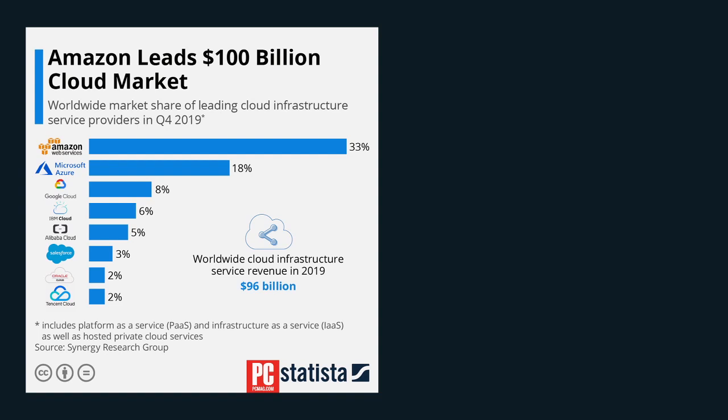Oracle has a very large cloud. These include not only platforms as a service, which we'll talk about, but also infrastructure as a service and even private cloud services. The cloud means different things to different organizations, and it doesn't look like it's going to be slowing down anytime soon.